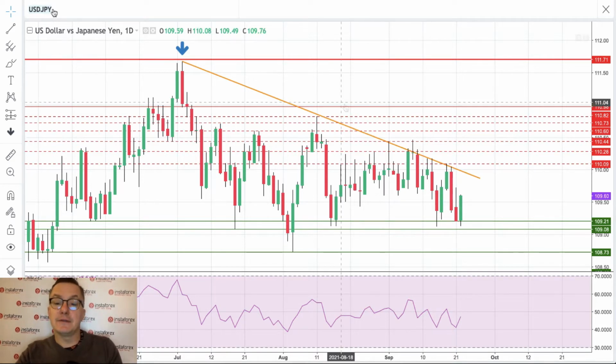I think that if there will be a breakout, it will be a severe breakout in either direction. For now, of course, there is a slight advantage for the bears to push the price lower, but if bulls get more strength, they can easily break higher. But please notice the wall of resistance, plenty of resistance from 110 to 111, so that might be tough, 100 pips to get through it.